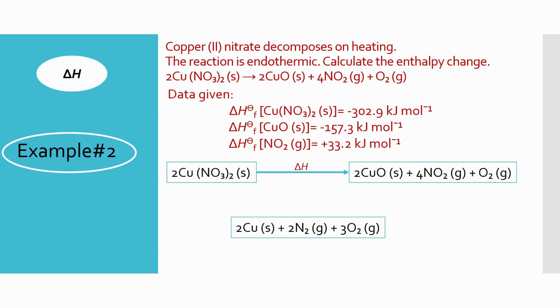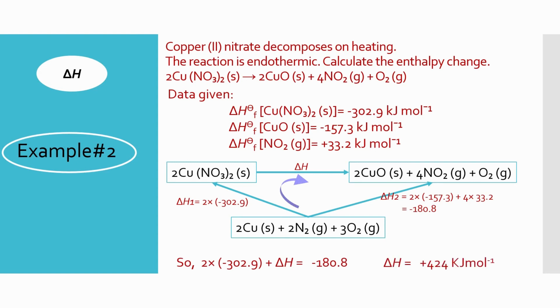So here delta H1, 2 into negative 3O2, and formation of copper oxide and nitrogen dioxide, we can make negative 180.8. Here the formation of oxygen is 0. So applying Hess's Law, we can write delta H1 plus delta H is equal to delta H2. The final answer is positive 242.